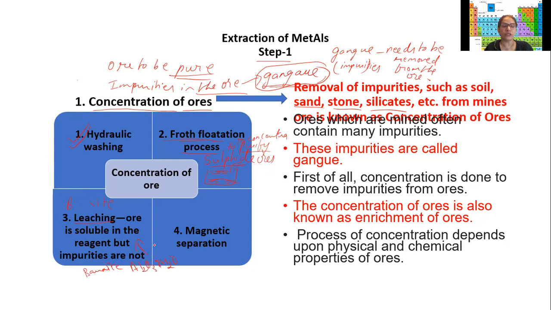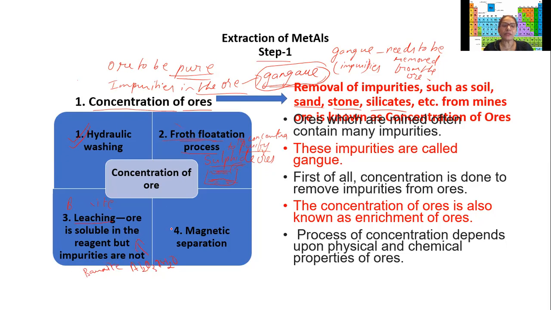For this ore, leaching is used because it is soluble in sodium hydroxide, but the impurities present in bauxite are not soluble in sodium hydroxide. So we can separate them. It's something like sand in water; I can separate the sand from water. Similarly here, the bauxite is soluble in sodium hydroxide, but the impurities are not, so they can be separated.